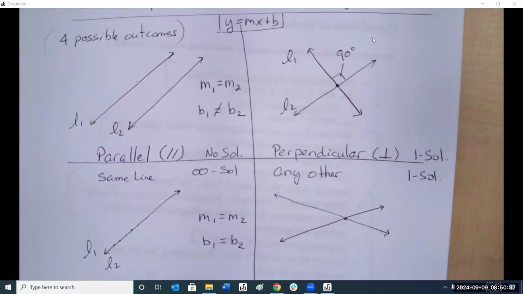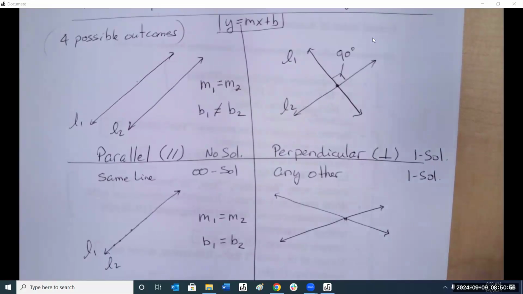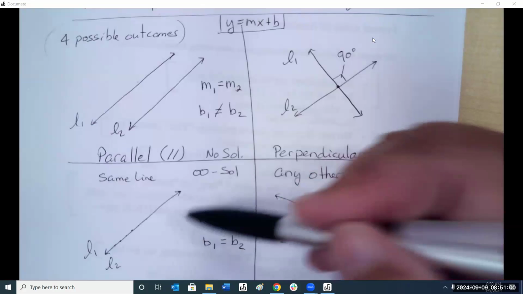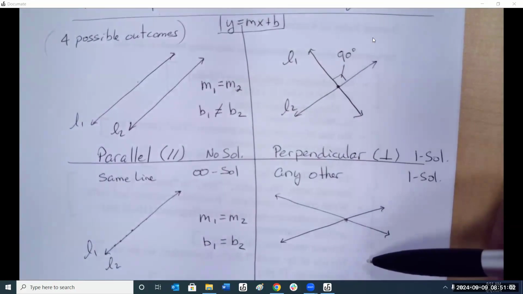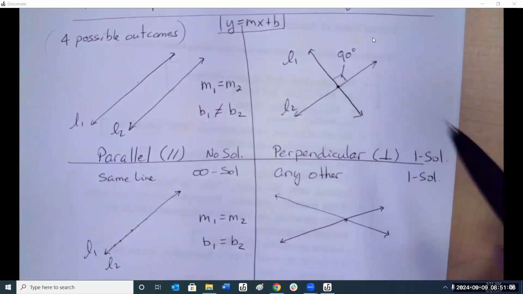What can we say about the y-intercept? What if the y-intercept is at that point? They're going to be the same. So in this case, this is if the slopes are the same. If the slopes are different, then the y-intercept doesn't matter because they can cross on the y-axis.